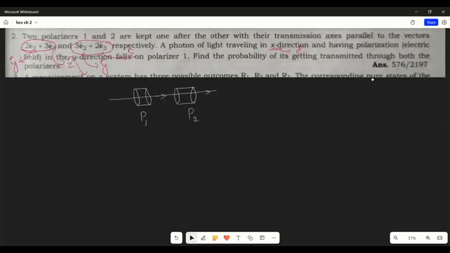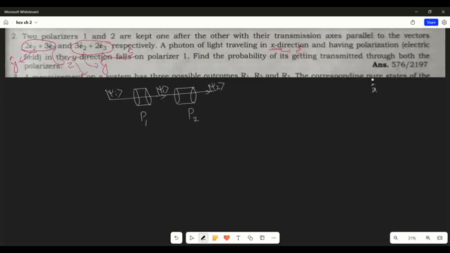So the direction of the photon is along the x direction and its vibration is along the y direction. The electric field for the photon is along the y direction. So let's change the notation. This is the transmission axis of the first polarizer, so let's call it ket psi 1, and let's call this ket psi 2, and let's call the initial state psi initial.